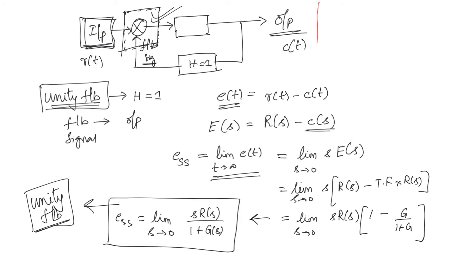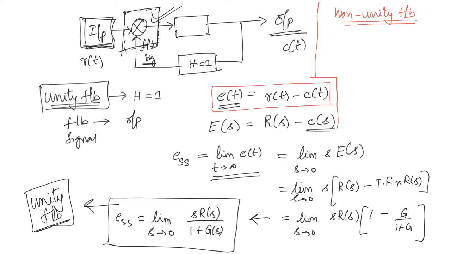What about a non-unity feedback system? How will you take the error for a non-unity feedback system? For a unity feedback system we have simply taken input minus output, because they are being compared directly. For non-unity feedback systems we can convert into an equivalent unity feedback system by some block diagram techniques.